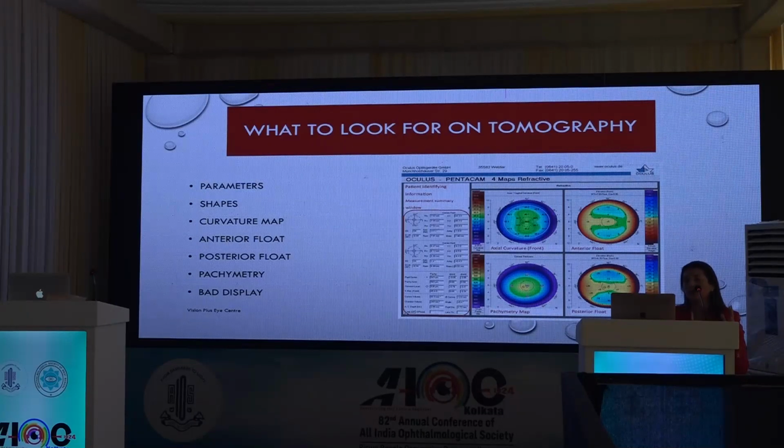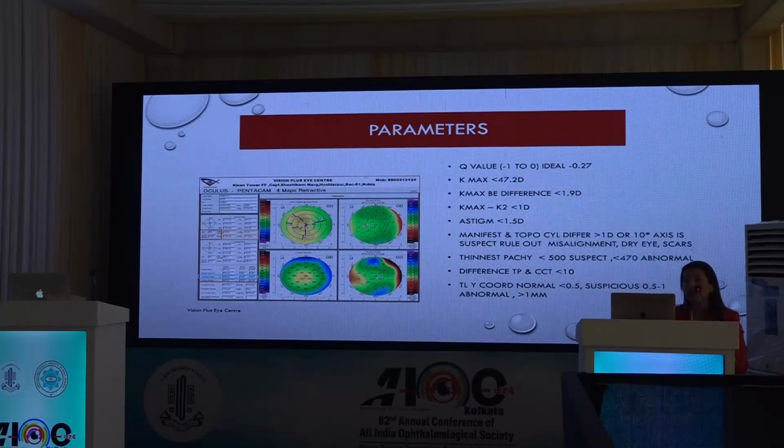So after you've confirmed that the patient data has been correctly entered, the next thing that we need to look at is the quality specification. Has the scan been done correctly? Once you've seen this quality specification to be okay, then you can say that this scan is reliable and you can delve further into it.